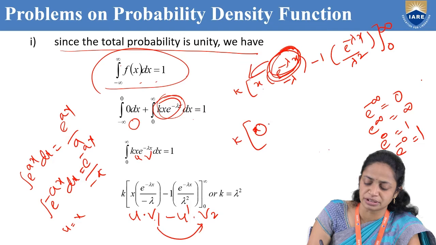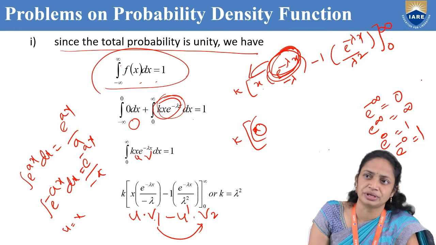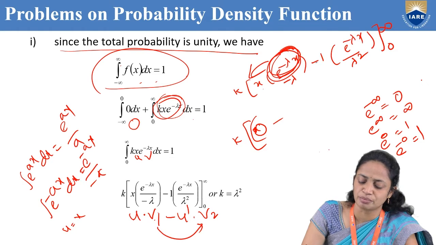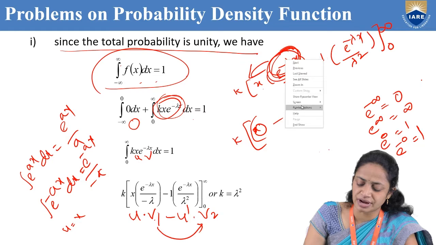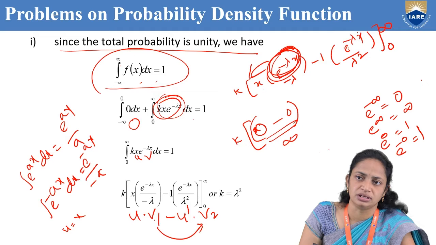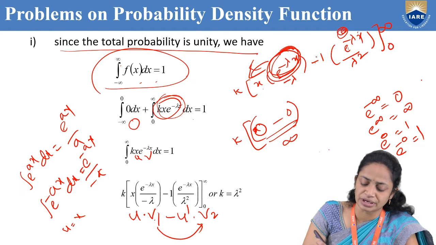So the first term is 0 for the upper limit. Here also, substituting upper limit infinity, minus 1 into e power minus infinity is 0, and 0 by anything is 0. So here also e power minus infinity is 0 and 0 into anything is 0.